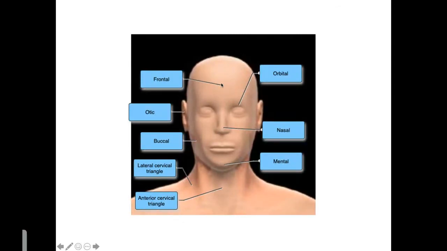So here's frontal lobe, here's your orbital, here's nasal, here's mental, buccal, ear is otic. Here is the anterior cervical triangle, which is bounded by the sternocleidomastoid, and then lateral to the SCM, outside of it, is the lateral cervical triangle. See the SCM, the trapezius, and then the clavicle help to make the lateral triangle.